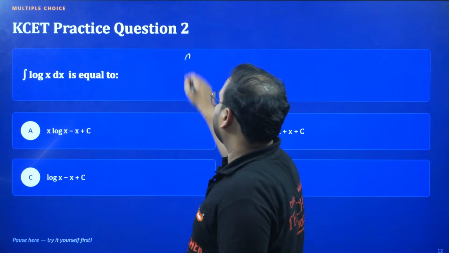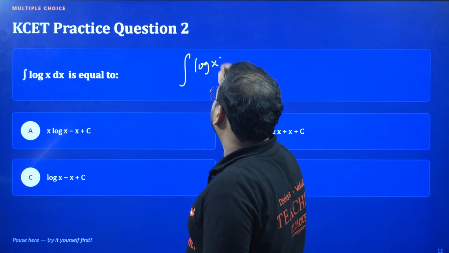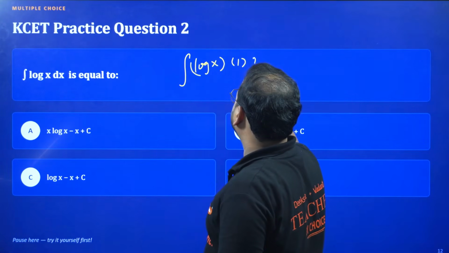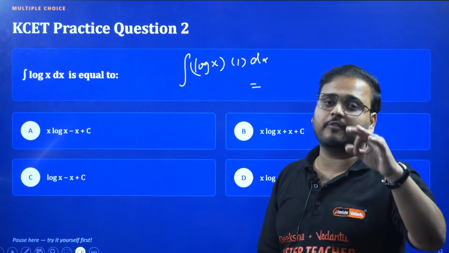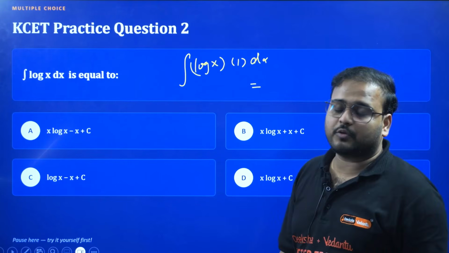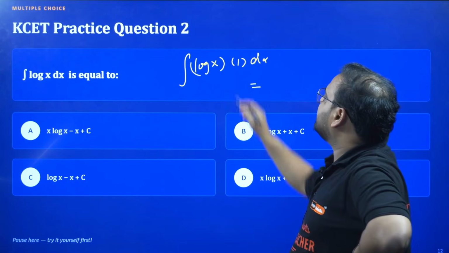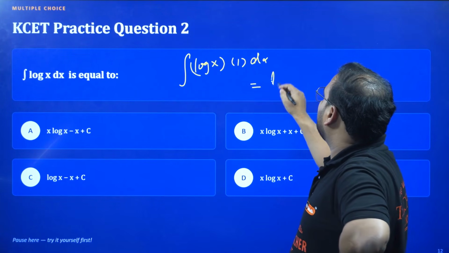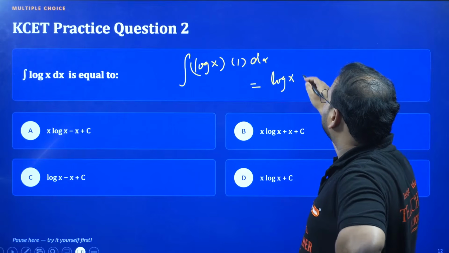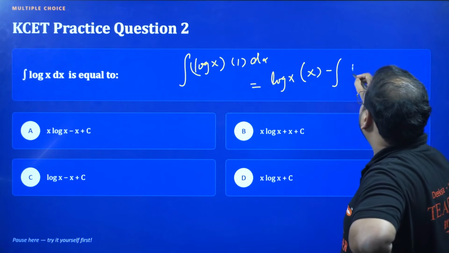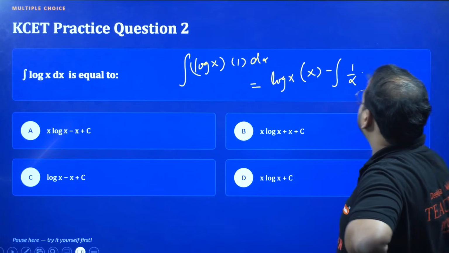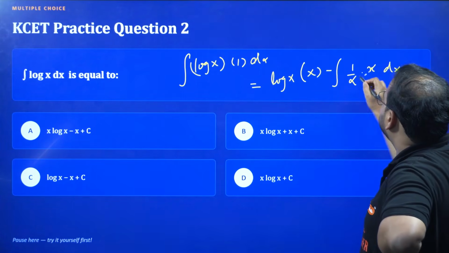Log x dx. How to solve this question? You'll take log x into 1 dx, which is the third form where only one function is given. So you keep log x as the first function. Log x as it is, integrate 1, you get x, minus differentiate log x, you'll have 1 by x, times x, and this cancels.